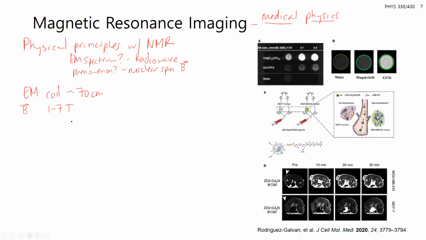So not as crazy strong as when you guys were exploring the magnetic facility down in Florida. And remembering when we talked about NMR, the emission from the nuclear spins is very sensitive to the local environment. So that's going to give you information about what's surrounding the given tissues there.